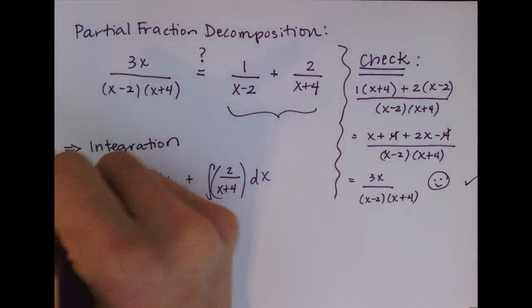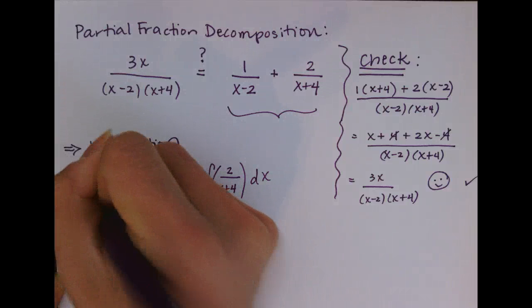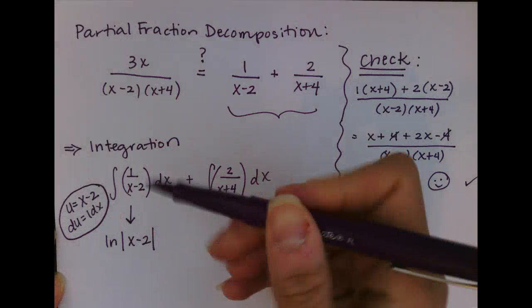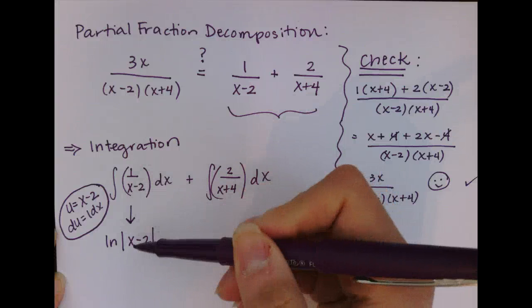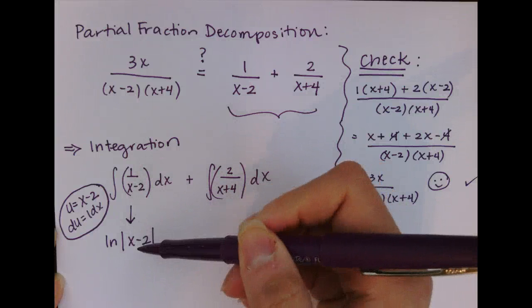So it's up to you whether you feel like you need to write out this piece. But we're going to do so many of these that I think you're just going to start to automatically see that this is going to be the natural log.